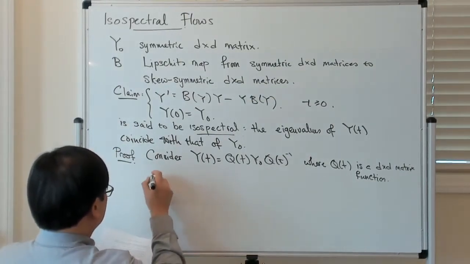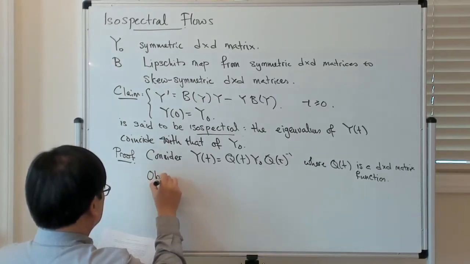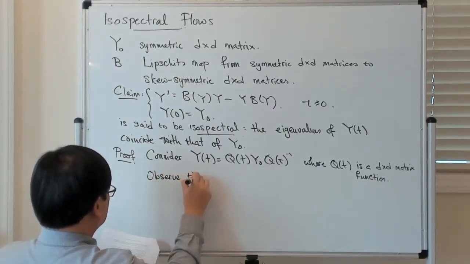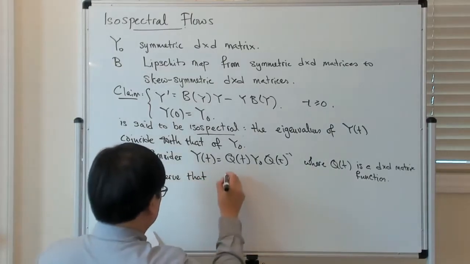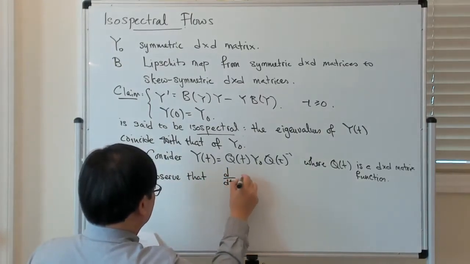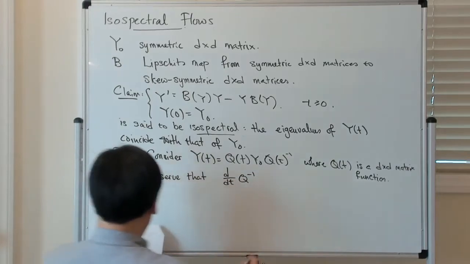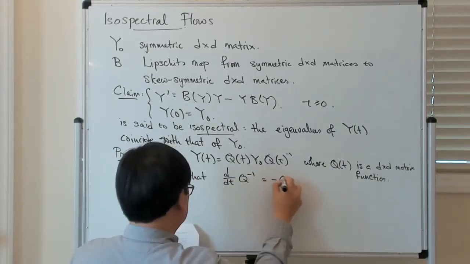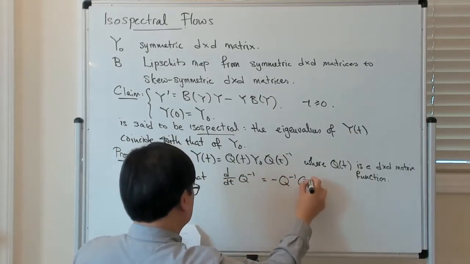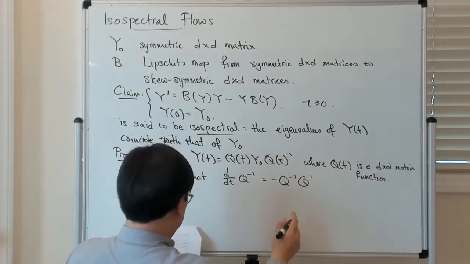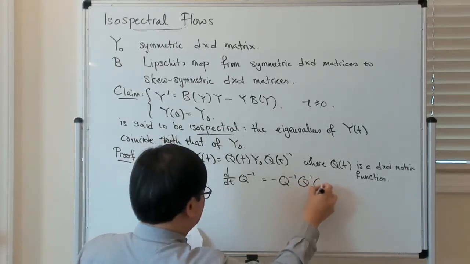So the first observation is that the time derivative of q inverse is equal to minus q inverse times q prime, which is the time derivative of q, times q inverse.